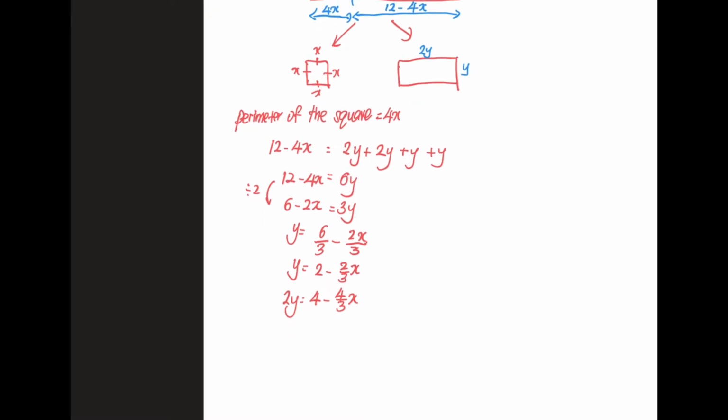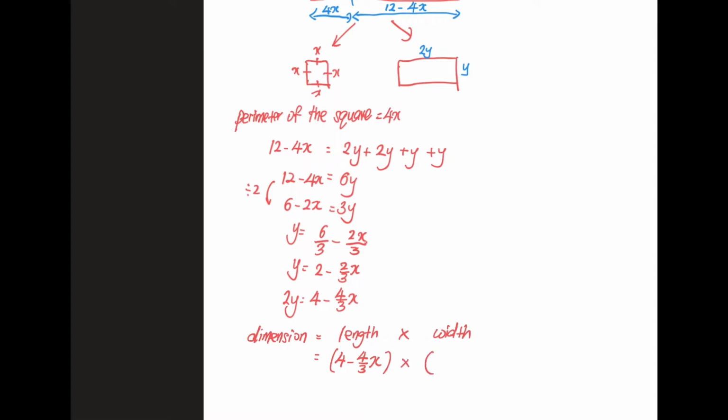Okay, now let's say dimensions. The dimension that I'm going to put is length by width. So my length is going to be 2y, right? Which is 4 minus 4 over 3 x.